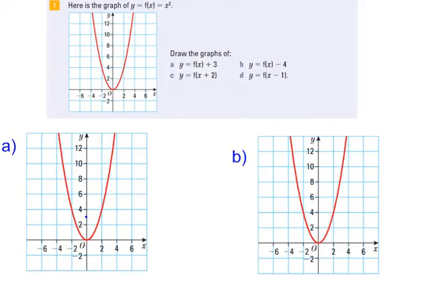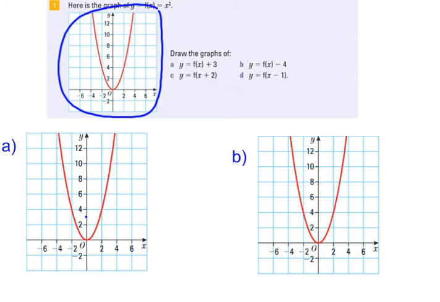Now I'm going to show you a couple of examples of what that means so you get a better idea of this. So let's say y equals f(x), and this is y equals x squared. That's my function, that's my graph here. What I'm going to do is first just sketch y equals f(x) plus 3. Now the plus 3 has happened outside of the brackets, it's affected my y values.